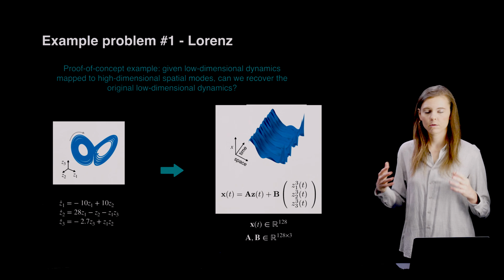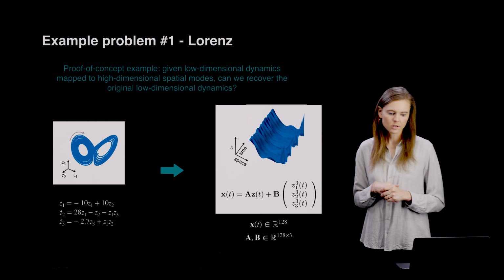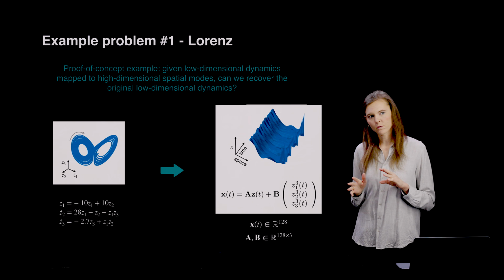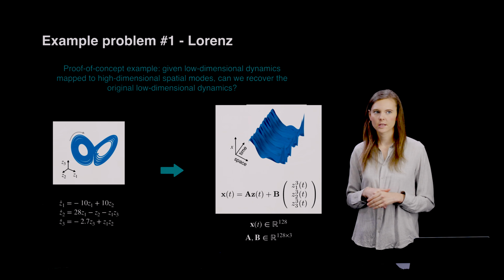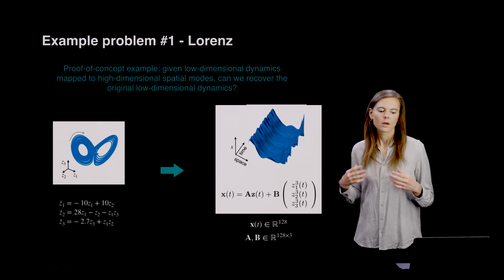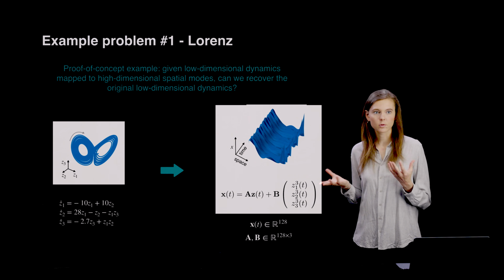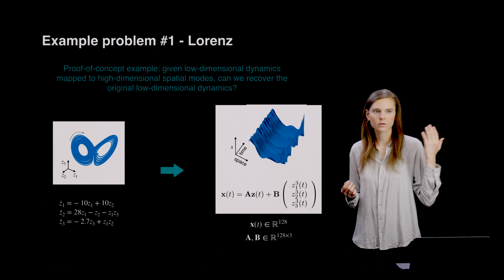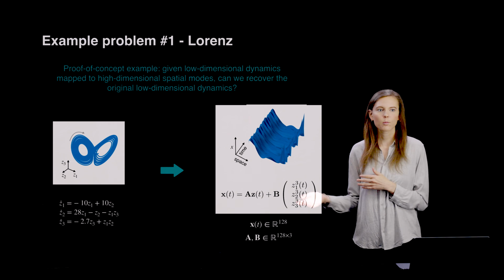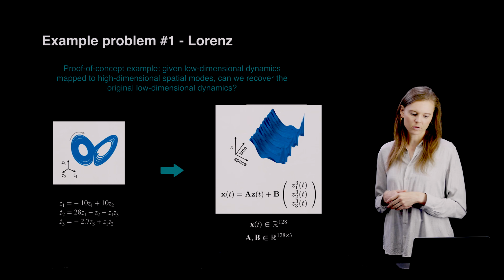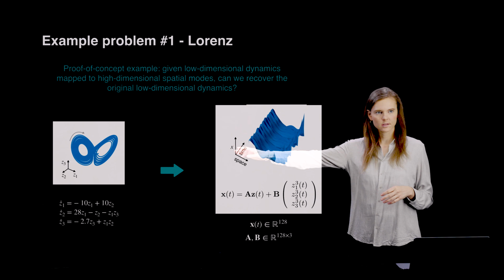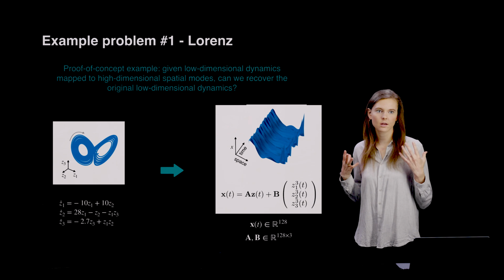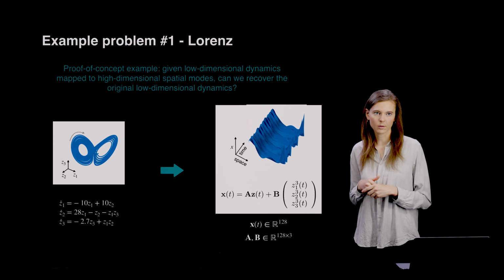Okay, so now I will go over the examples that I've mentioned. As I mentioned, the first example we look at is a proof of concept example based on the Lorenz system. So here we want to know, if we have some low dimensional dynamics and we map this up to some high dimensional spatial modes, can we recover the original low dimensional dynamics? This Lorenz system on the left here that I mentioned earlier is a dynamical system in 3 variables.